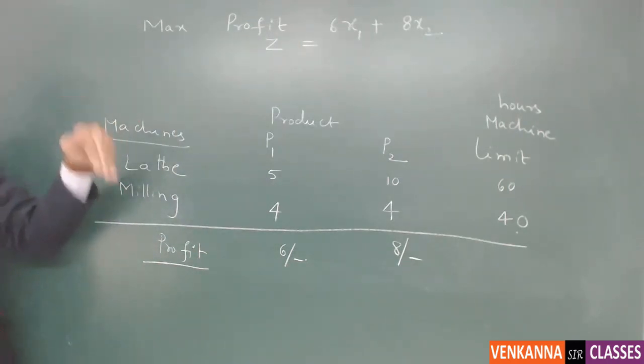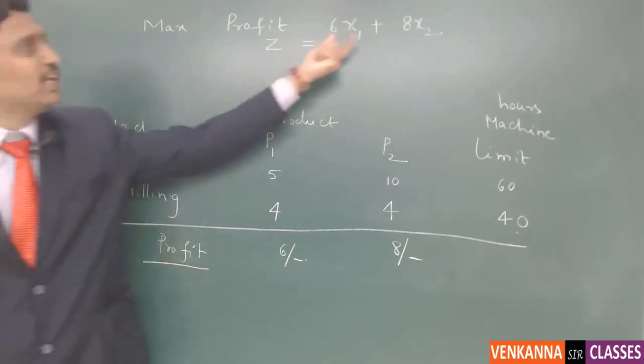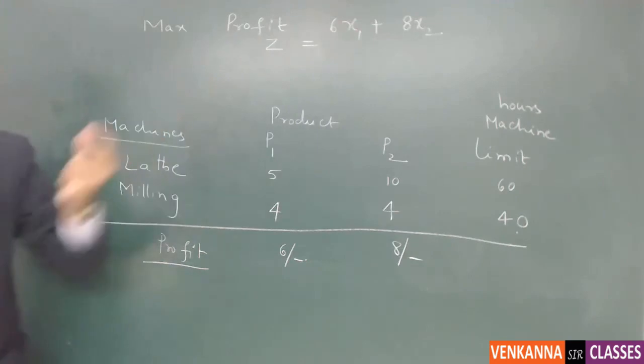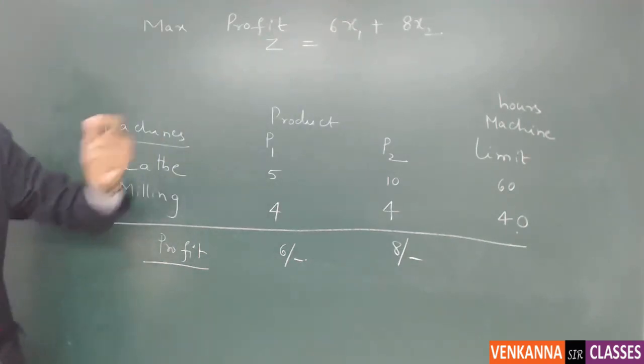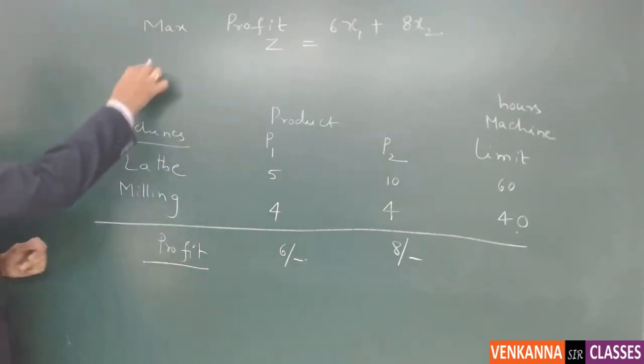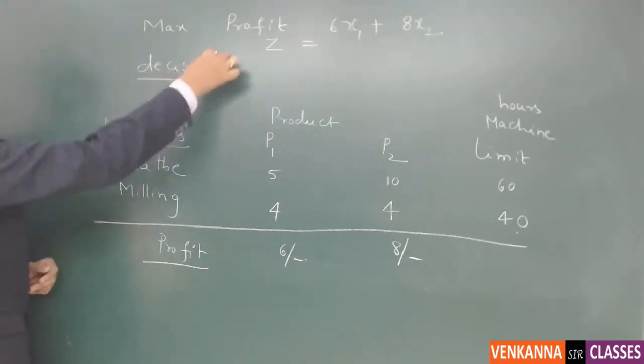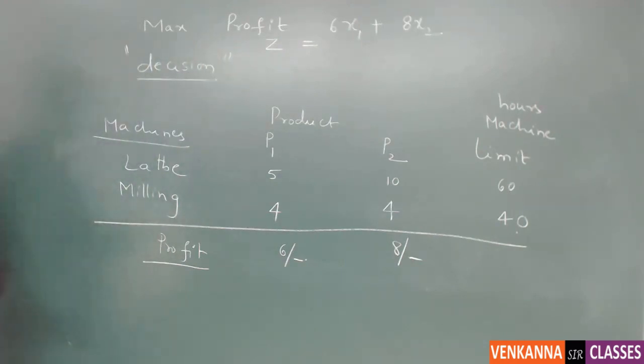Now we are going to build the set of constraints for the variables x1 and x2. The variables in this objective function are called decision variables. A decision variable is nothing but something which performs an activity, right?